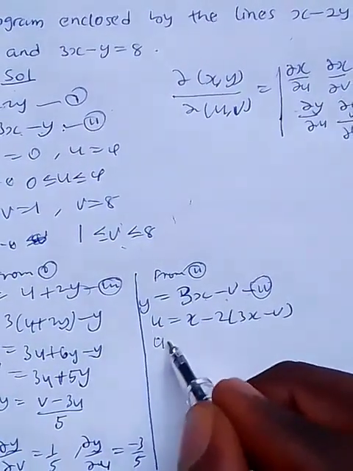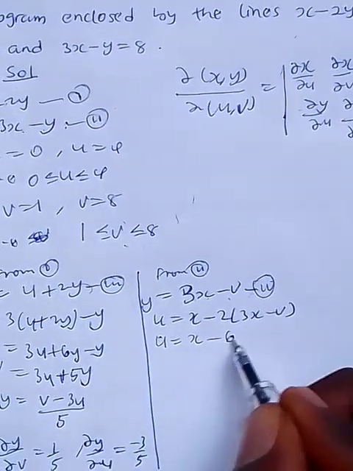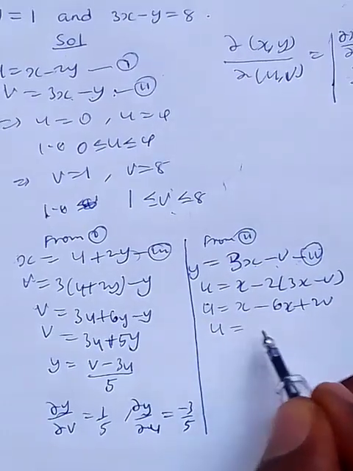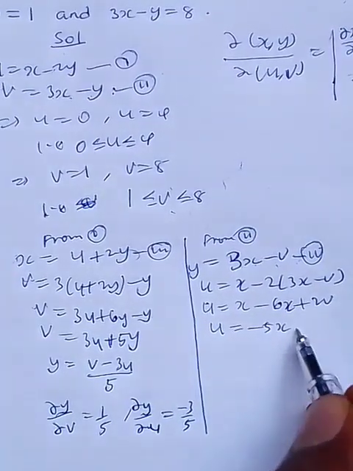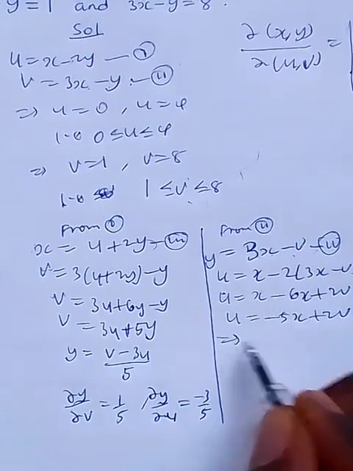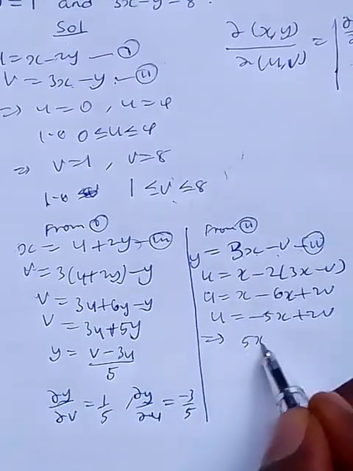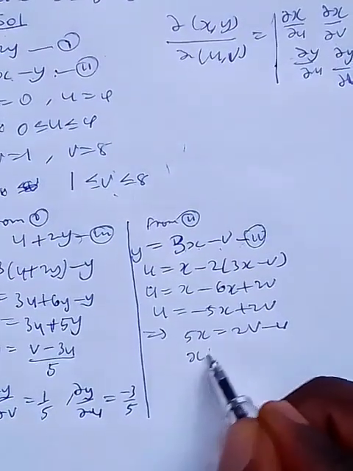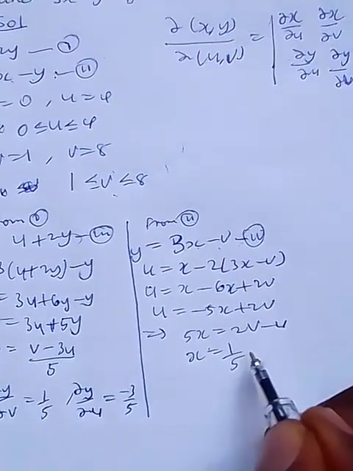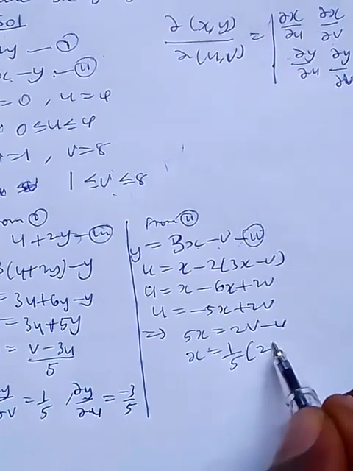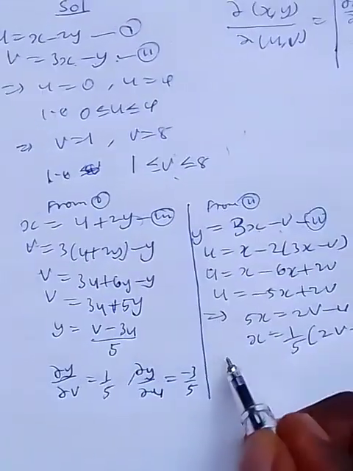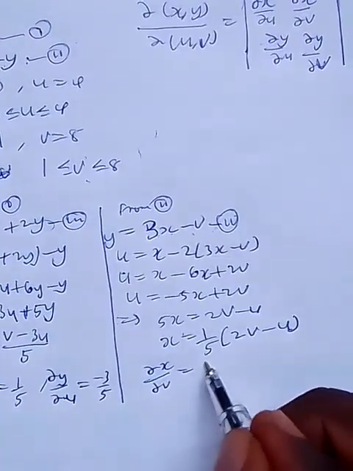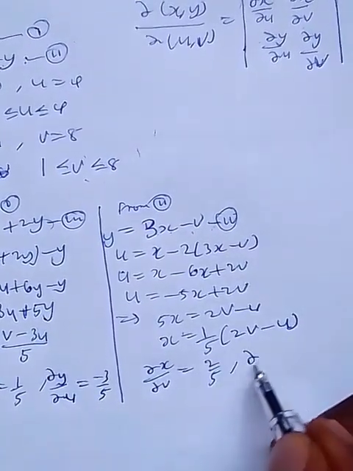So that we have u equals x minus 6x plus 2v. So that we have u equals minus 5x plus 2v, which implies 5x equals 2v minus u, which also implies x equals 1 over 5 times 2v minus u. You can differentiate this with respect to v. So we have 2 over 5. With respect to u, we have minus 1 over 5.